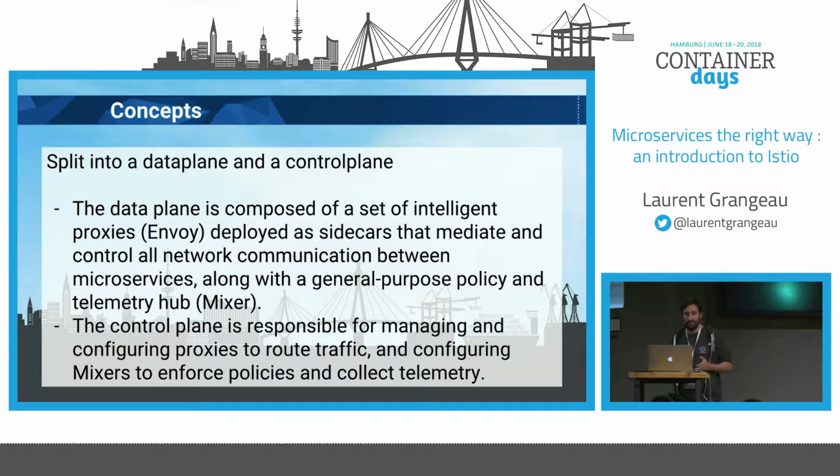The responsibility of this proxy is to control network communication and to send telemetry to the control plane, the mixer. And the responsibility of the control plane is to inject the configuration at runtime, route traffic, gather telemetry and enforce policy.